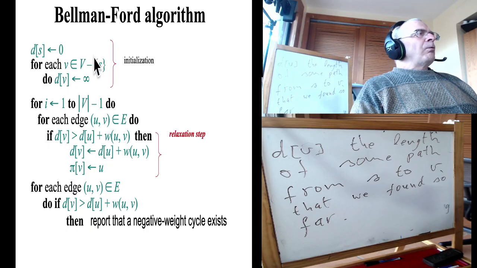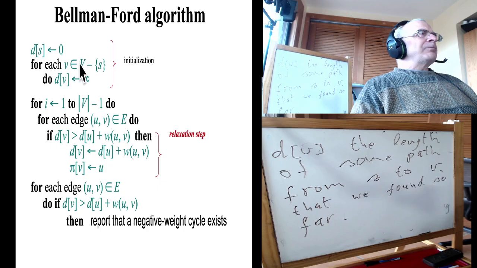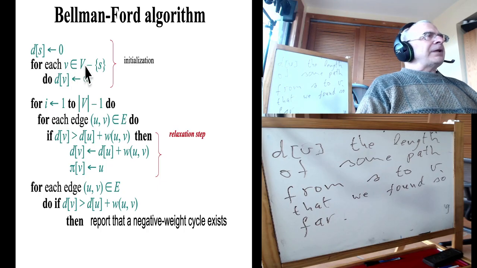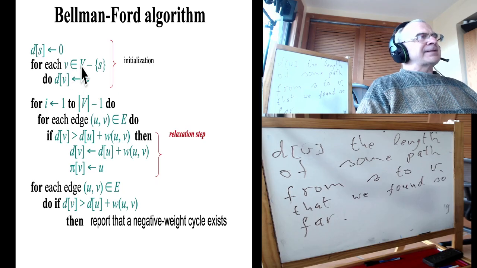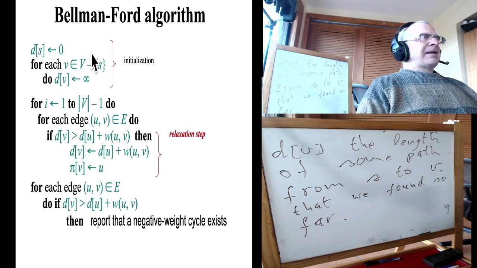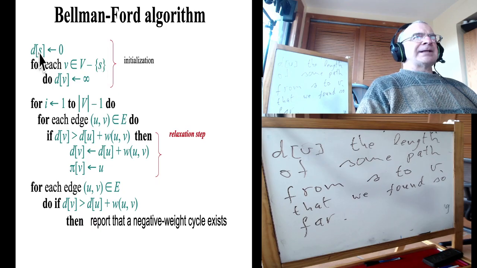Okay. So far I just started the algorithm. What do I know about other vertices? Don't be confused by the notation. For every other vertex V, which belongs to the set of vertices excluding S itself, because S itself, where I start as a source, I know the length of the path from S to itself is 0.